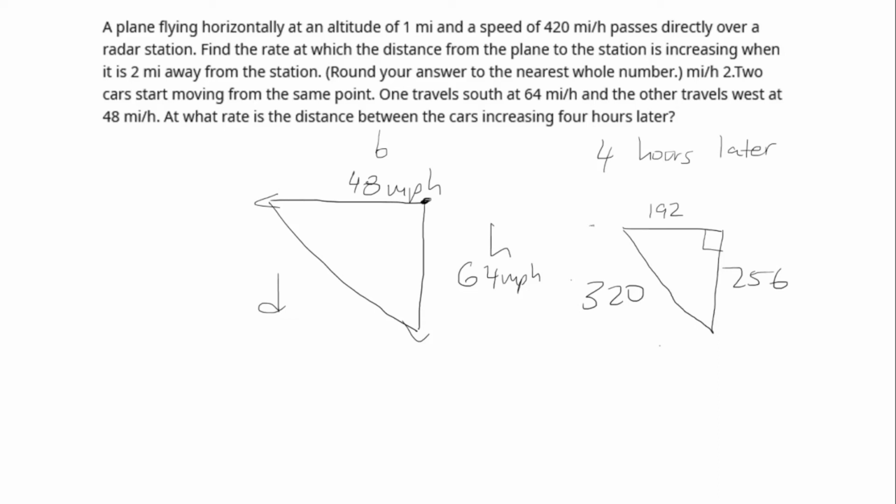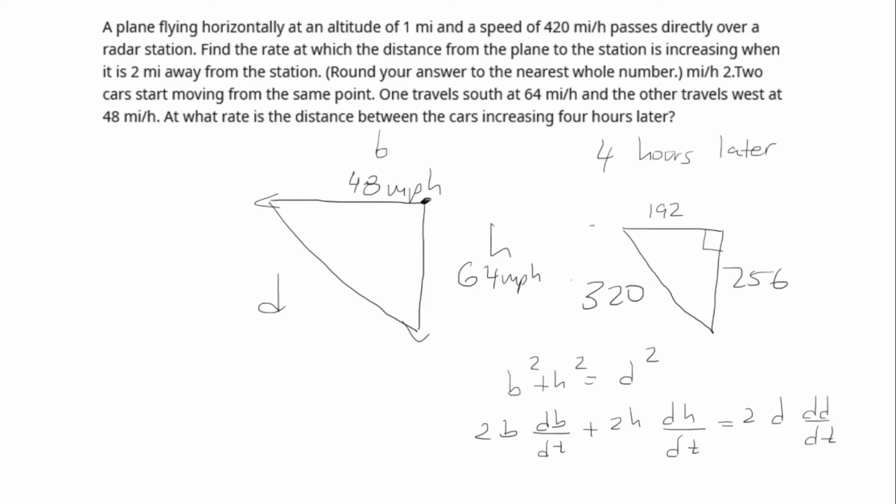Okay, so because we want to find the derivative, we have to get an equation, and we're going to use the Pythagorean theorem for this. So we have b squared plus h squared equals d squared. Take the derivative with respect to t. Okay.